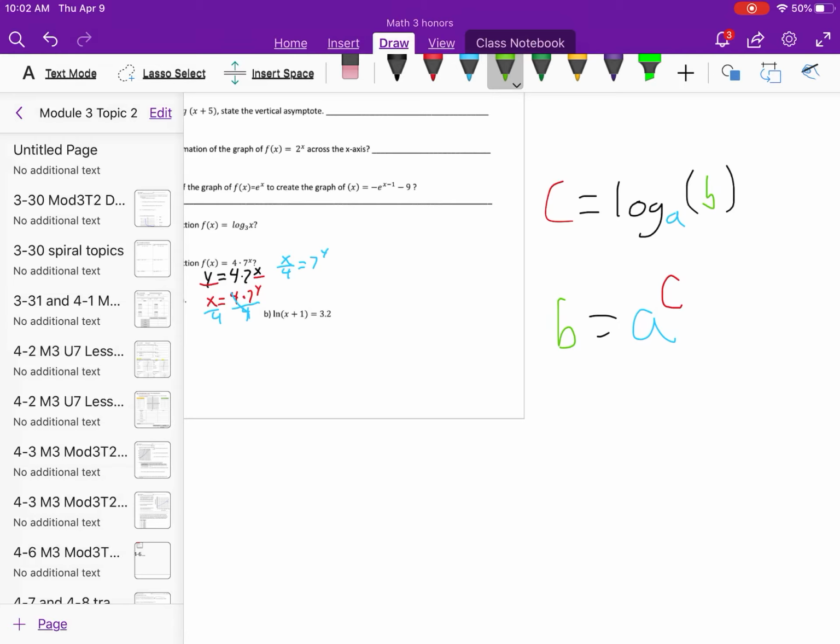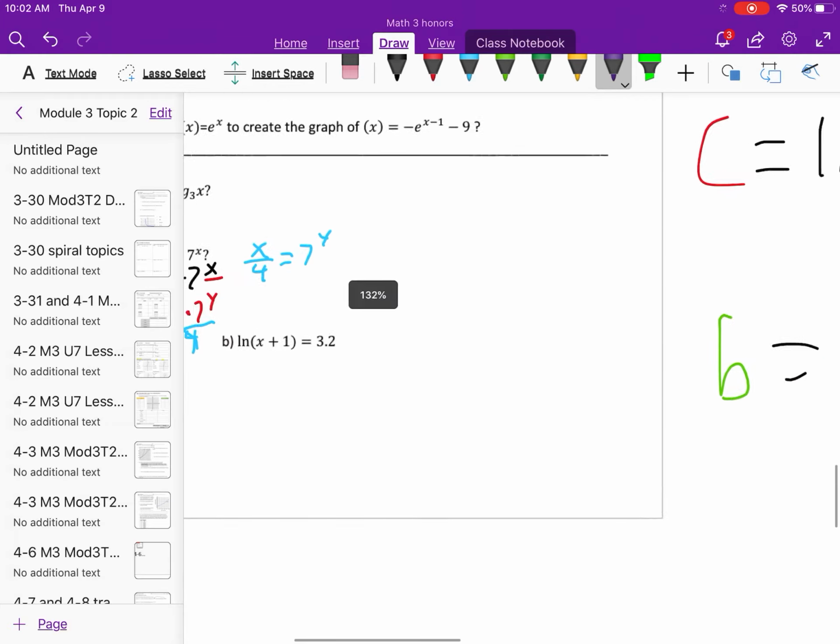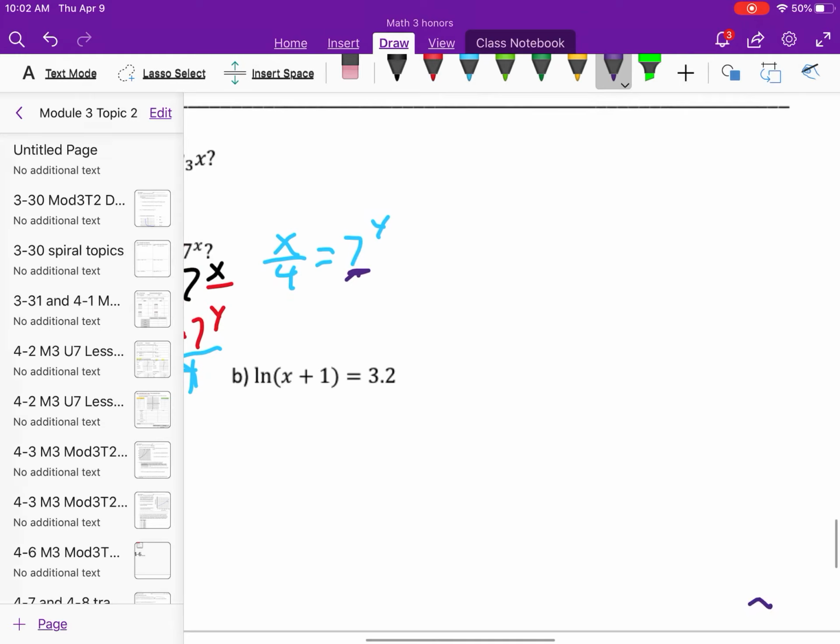So now I know all my colors are kind of messed up from the colors to our right, but the base, which I'm going to do in purple, so 7, will stay the same. So I'm going to go ahead and rewrite that. If I want to get the y by itself, I'm going to take log base 7.